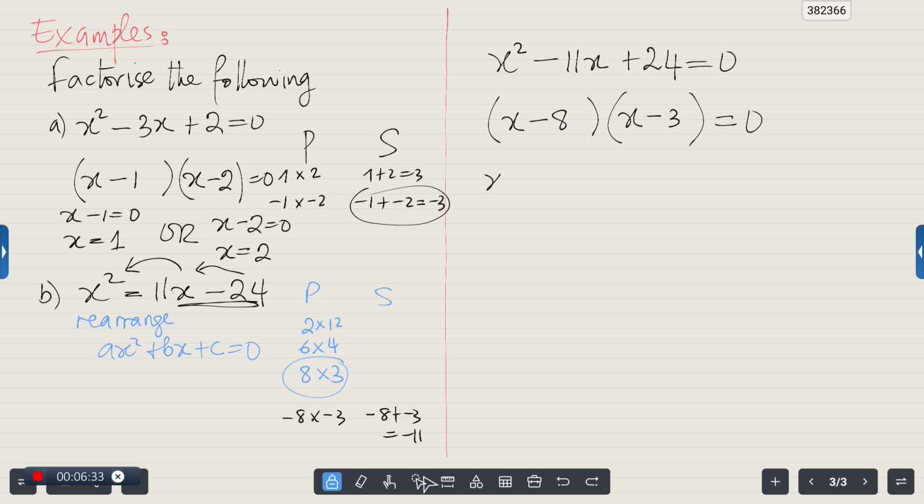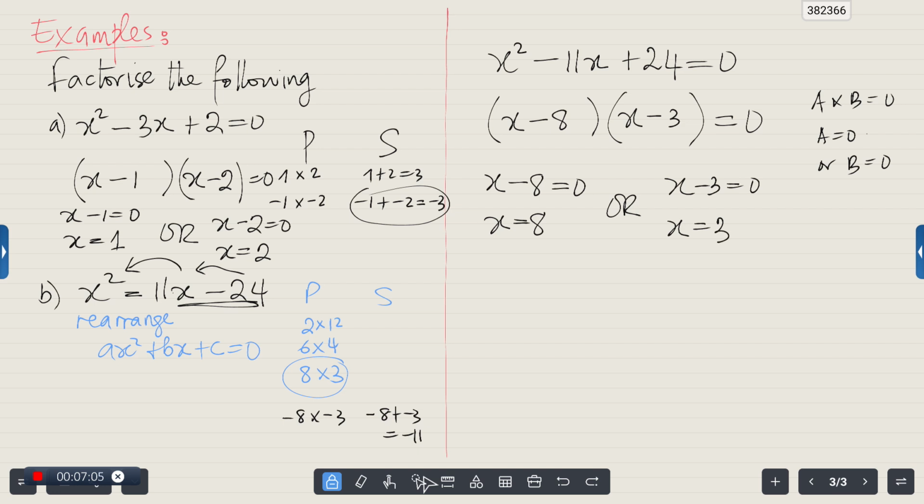Again, when we multiply two things and we get 0, either a is equal to 0 or b is equal to 0. Therefore, x minus 8 equals 0, so x is 8, or x minus 3 equals 0, so x equals 3. All right, thank you.